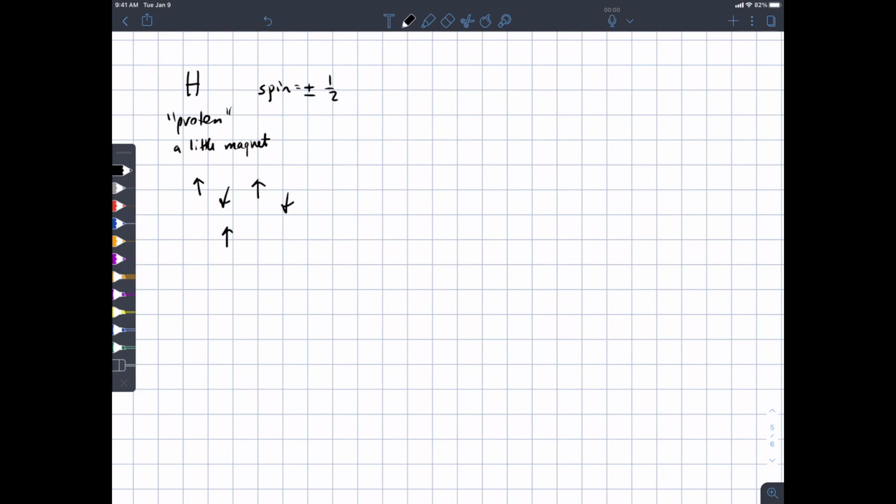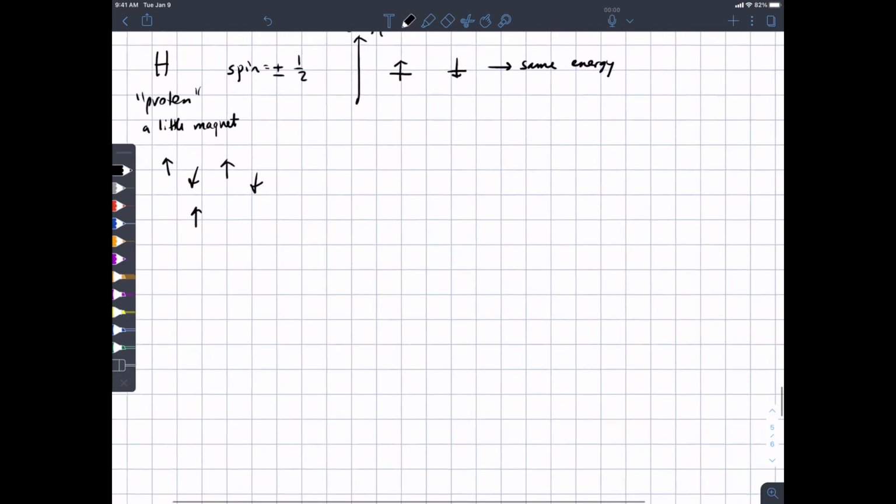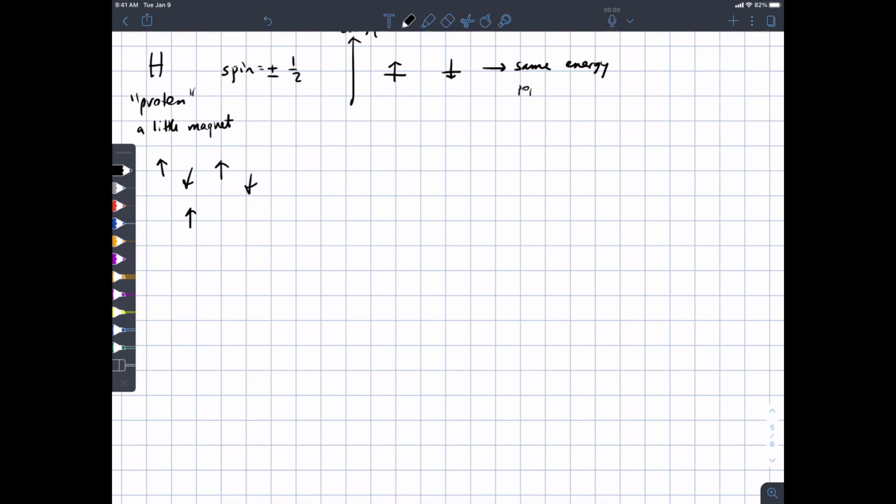So we would say if this is energy, when there's no magnetic field, the spin state of being aligned with the field versus being aligned against the field, they're degenerate. They have the same energy. There's no energy difference. And so the population of spin plus 1/2 versus minus 1/2 should be around 50-50.